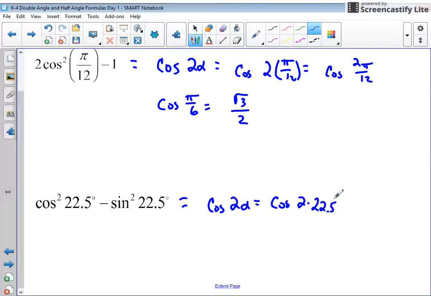Well, 2 times 22.5 degrees is 45 degrees. So we're going to find the cosine of 45 degrees, which, you are fast, radical 2 over 2.